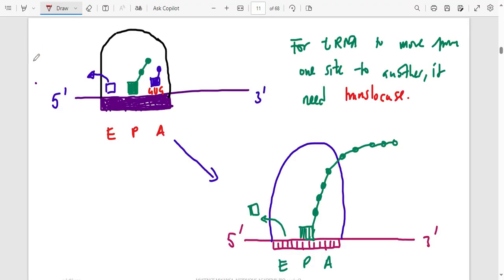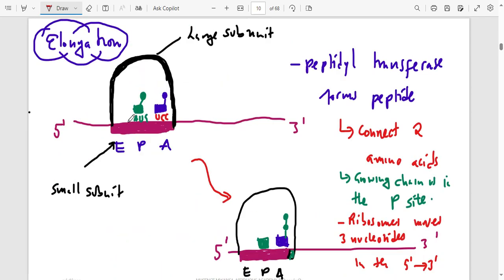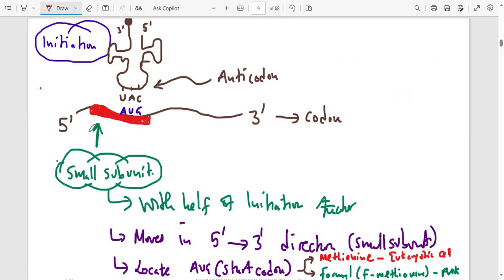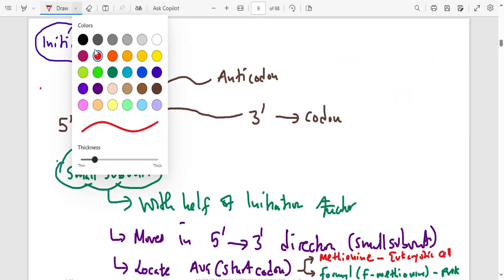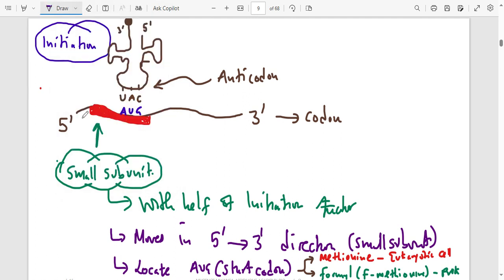So please, I don't want you to forget. Remember the only tRNA that came direct in the A site. Look at this. This is the E site, this is the P site, this is the A site.